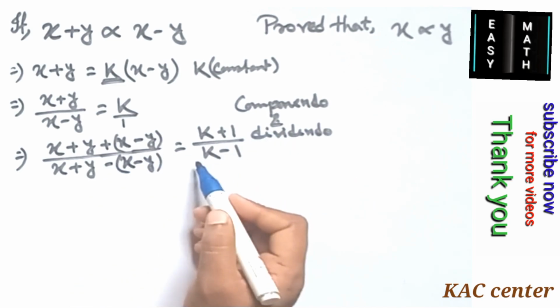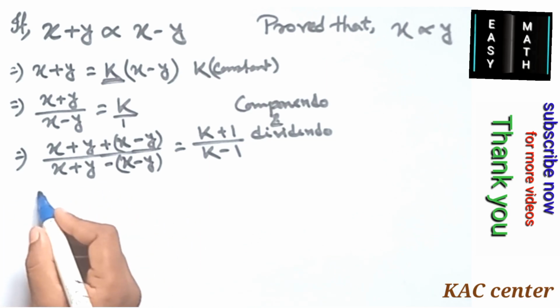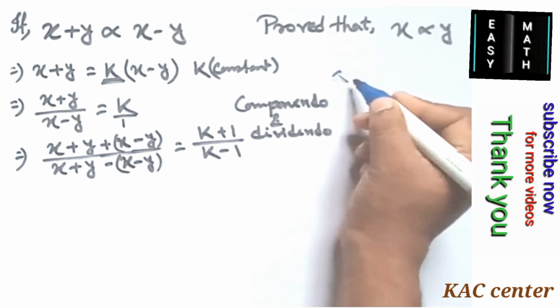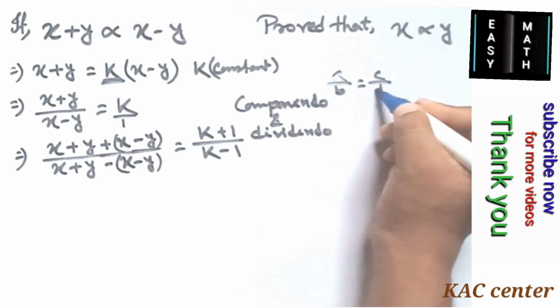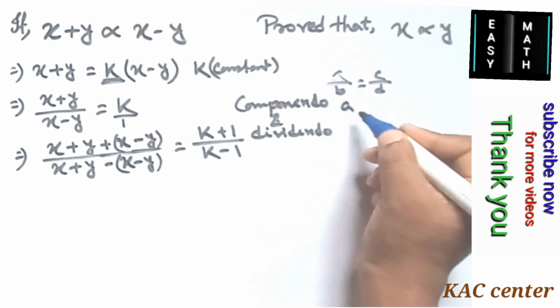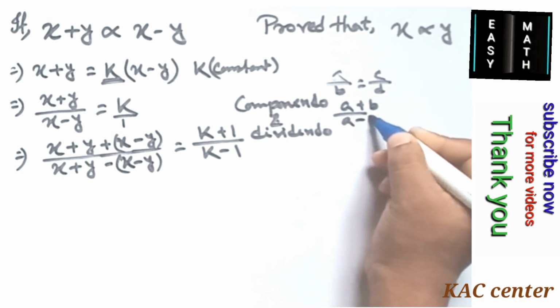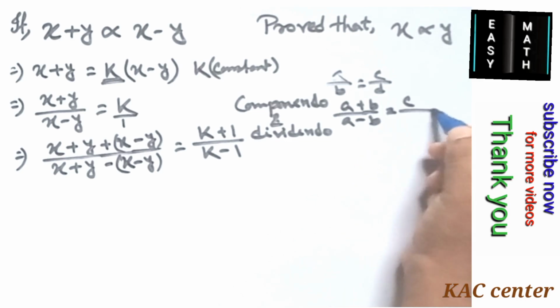Use this formula. In this formula, we know a by b is equal to c by d. So use this formula.